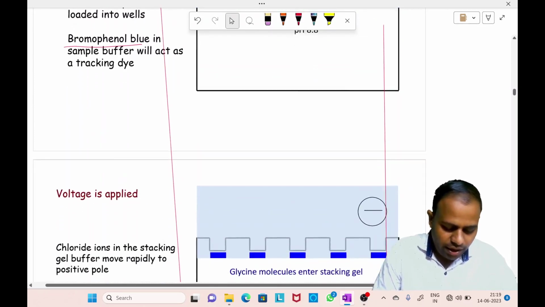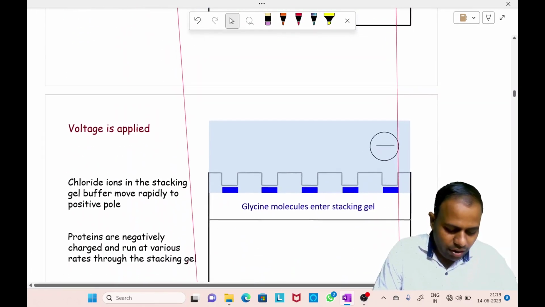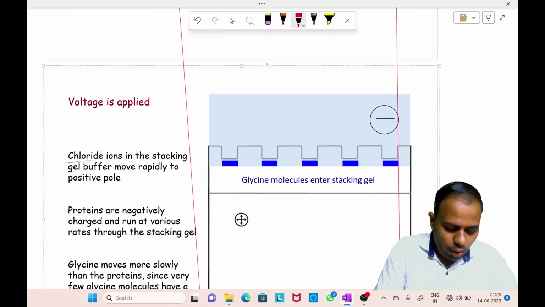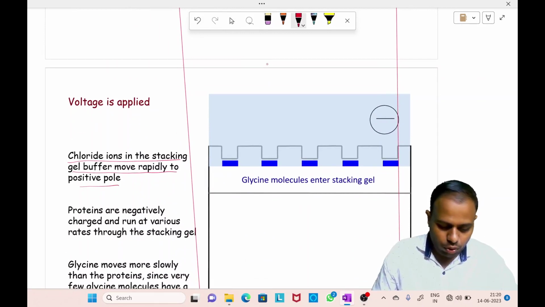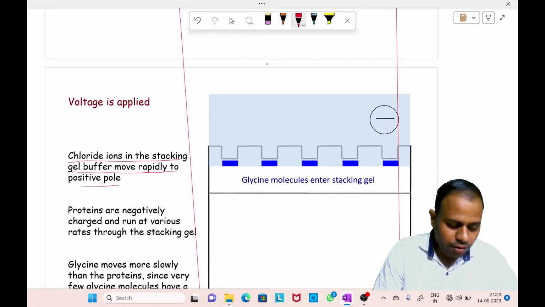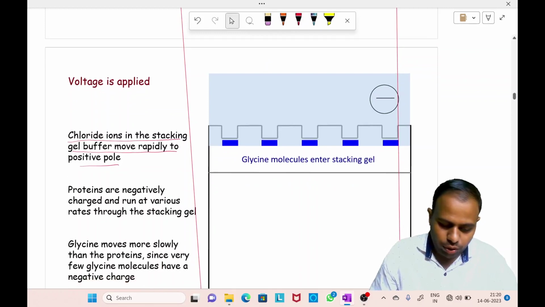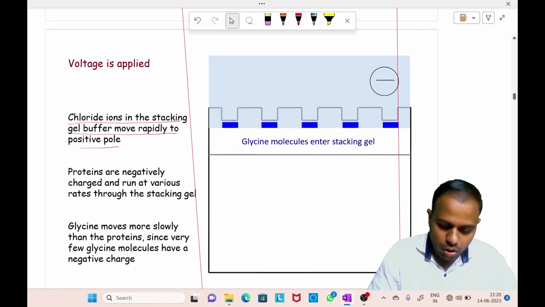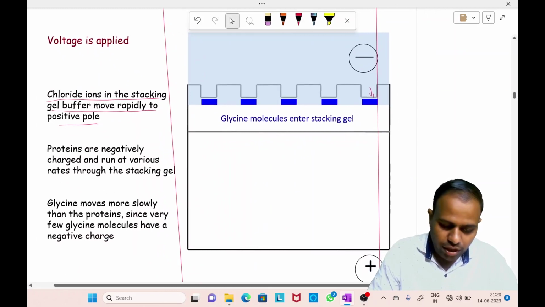Now let's see, when the voltage is applied, what happens? The chloride ions in the stacking gel buffer move rapidly to the positive pole. Sorry for the disturbance. The chloride ions which are already present here start moving to the positive pole.